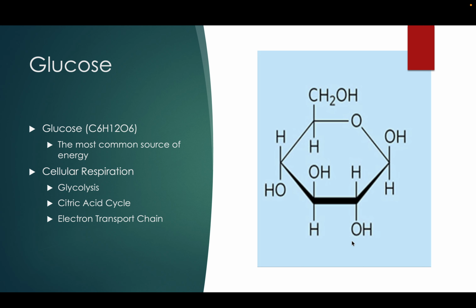Its products then enter the citric acid cycle, which products then enter the electron transport chain. This presentation is going to focus on the first phase of cellular respiration, which is glycolysis. While glycolysis is an essential stage of cellular respiration, the majority of energy is produced during the electron transport chain phase of cellular respiration.